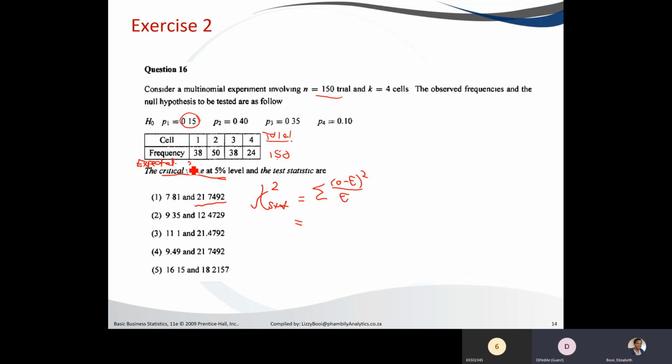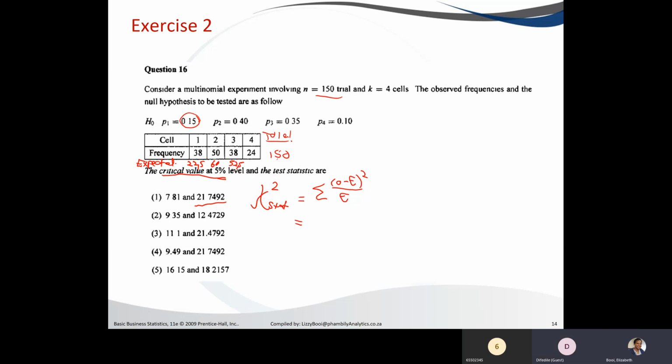Which then is 22.5. And 0.4 multiplied by 150, and that's 60. 0.35 multiplied by 150, and that is 52.5.